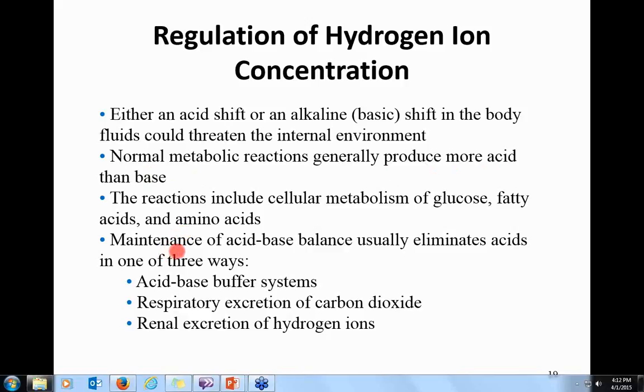Usually our body uses one of three ways. Acid-base buffering systems, which are the fastest responses. Respiratory excretion of carbon dioxide, so our respiratory system, and renal excretion of hydrogen ions, so our urinary system.